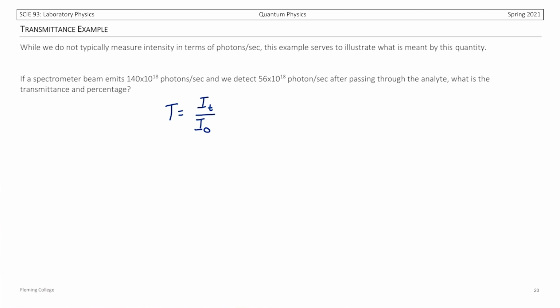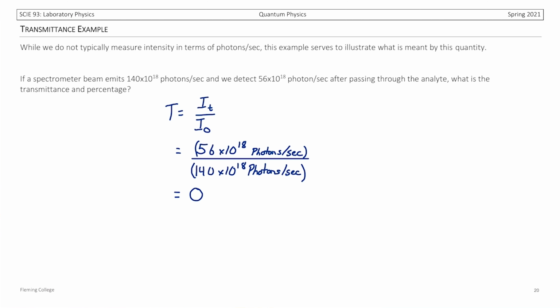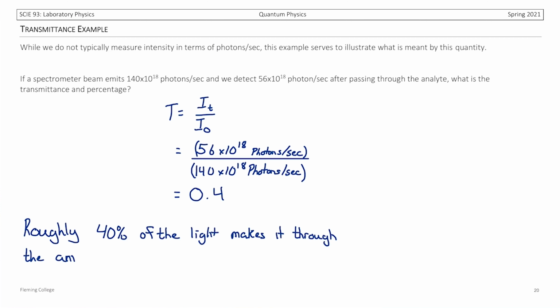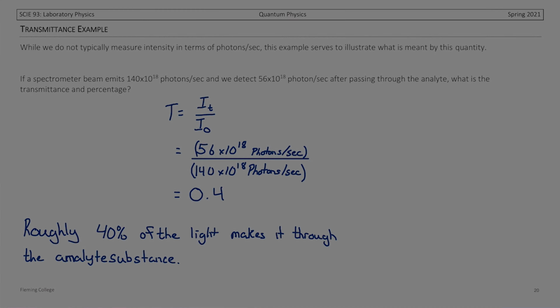The intensity that we detect after is the 56 times 10 to the 18. The intensity of the incident, which is our denominator, is 140 times 10 to the 18. Our magnitude and units will cancel out here, so we're really comparing 56 to 140, and we get back a transmittance of 0.4. This is a ratio, so if we multiply it by 100, this tells us that roughly 40% of the light makes it through the analyte substance.